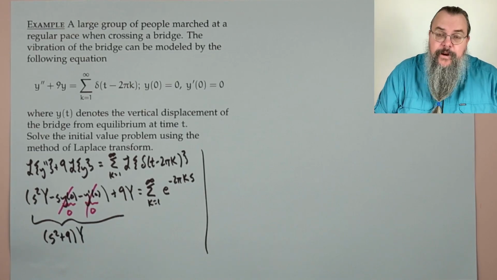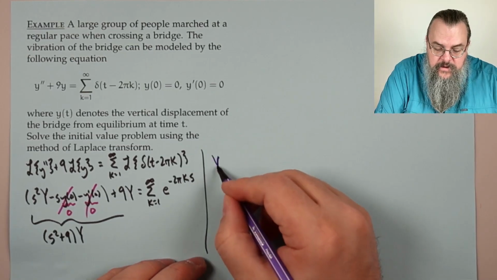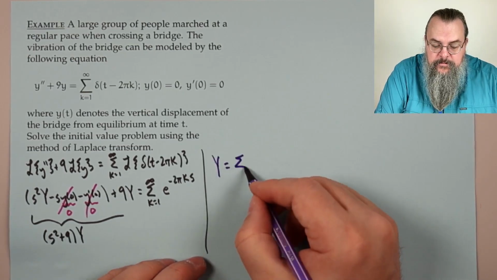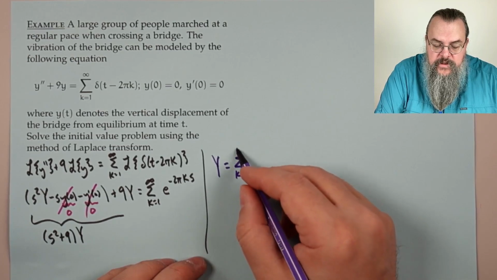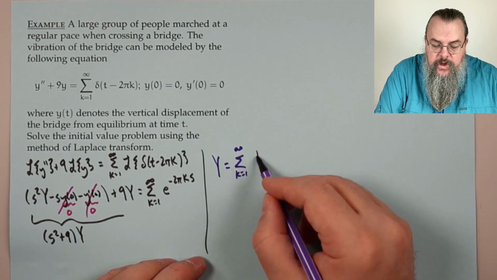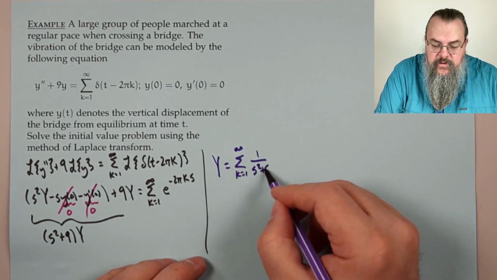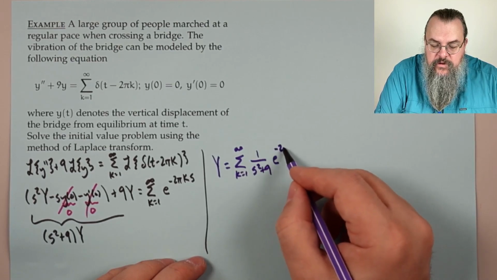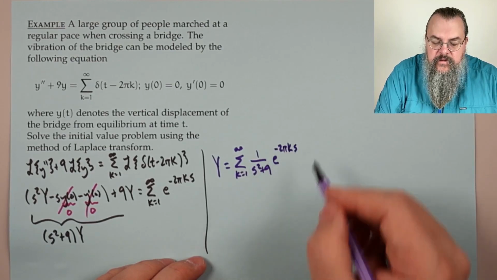So we now have that Y, this displacement, is the sum, k equals 1 to infinity, of 1 over s squared plus 9 times e to the minus 2 pi k s.